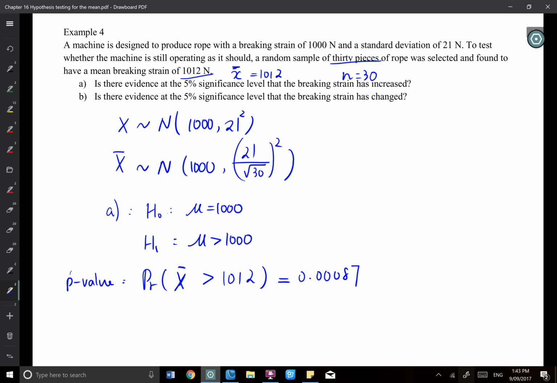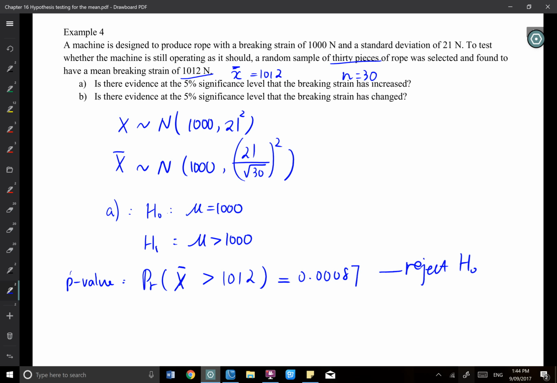From what I assumed, mu is 1000, it's very hard to get the value I observed, which means it's not coincidence. It's not just a variation between the samples. So it must be something different for the mu value. Therefore, I need to reject H0. Does that make sense?